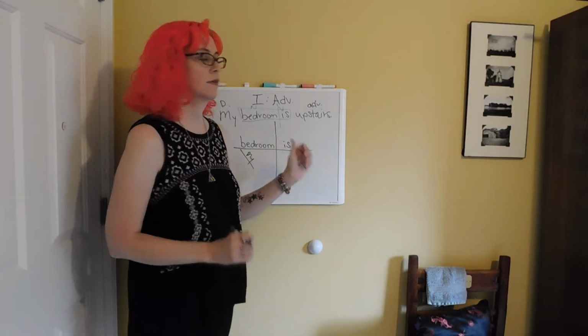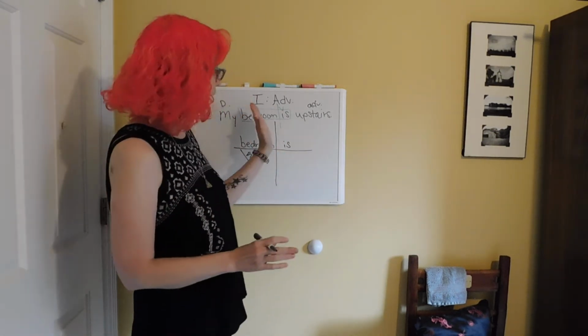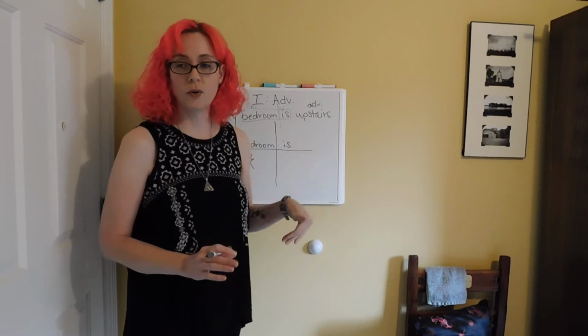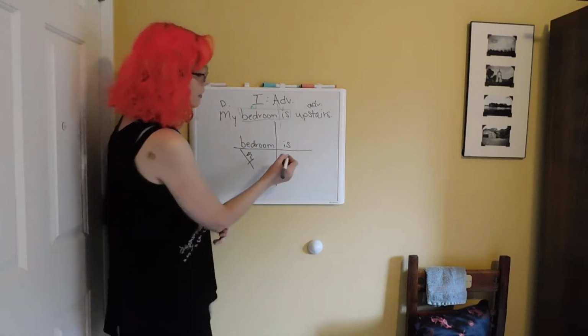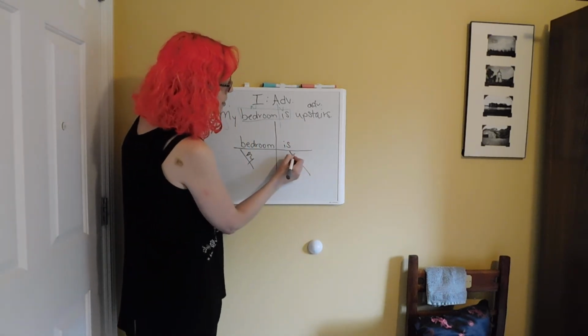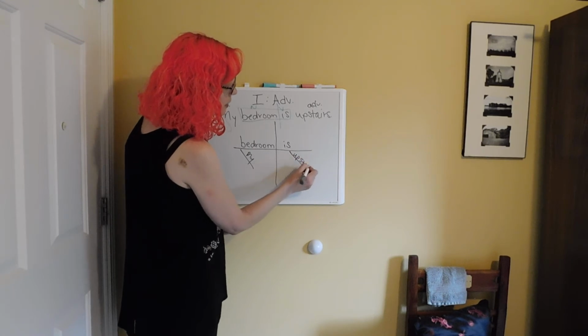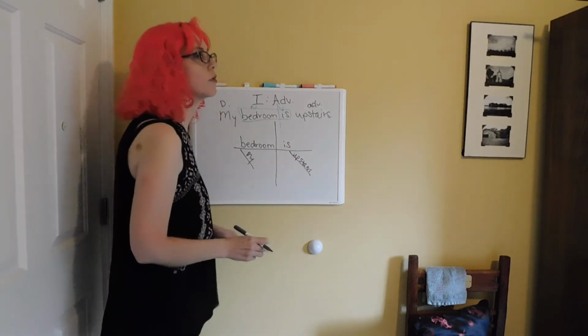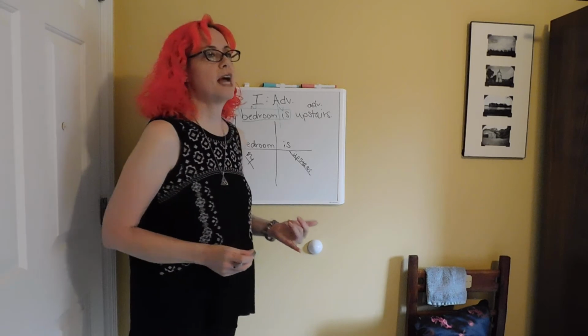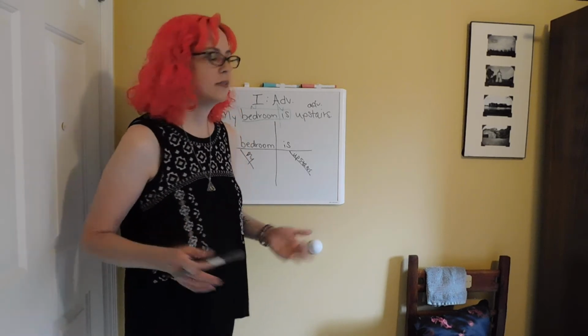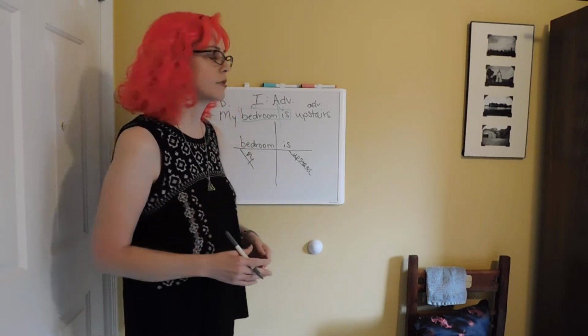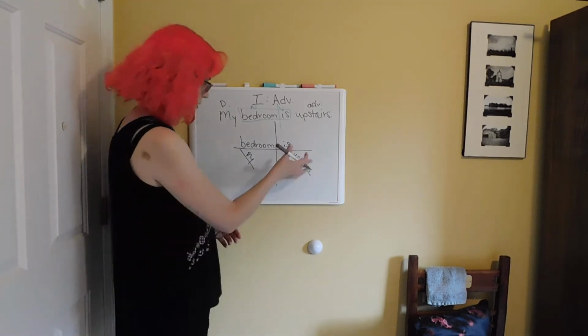Adverbs, unlike patterns 2 and 3, pattern 1 puts the adverb below on a slanted line as well. Where is my bedroom? It's upstairs. So again, adverbs. How did something happen? Where is it? Answering kind of some of the journalist questions. Is it where? It's upstairs.